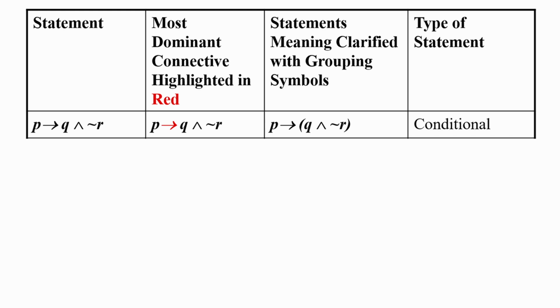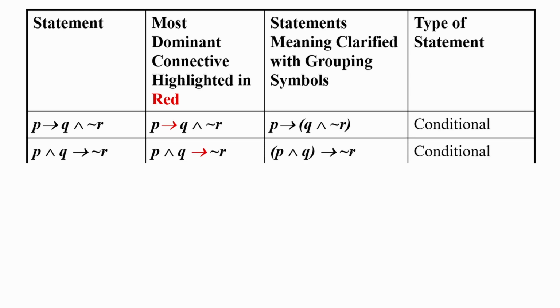Then next, if we have P and Q implies not R, then again the implication is the most important, but to keep the P and the Q together like they're supposed to be, you could group those as well with a parenthesis, but the most important thing that happens there is that conditional part of the statement.